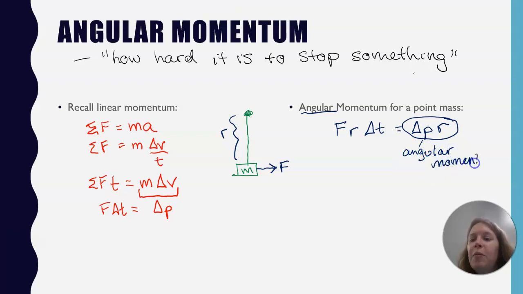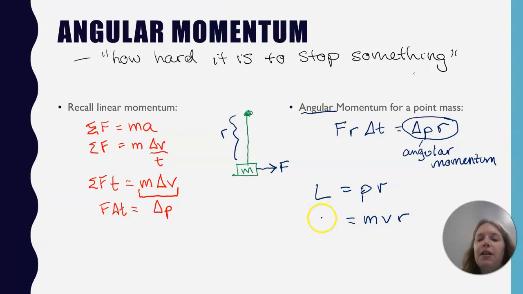And we give angular momentum the symbol capital L. So capital L, the angular momentum for a point mass, is equal to the linear momentum times the radius, or is equal to the mass times the velocity times the radius. And these are vectors, so remember angular momentum is a vector, linear momentum is a vector. And I believe it's a cross product that exists between these vectors, which means that they have to be perpendicular to each other.